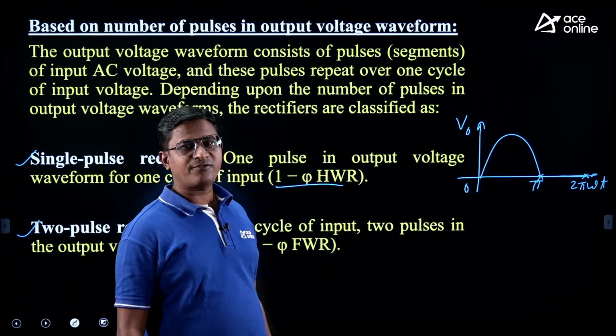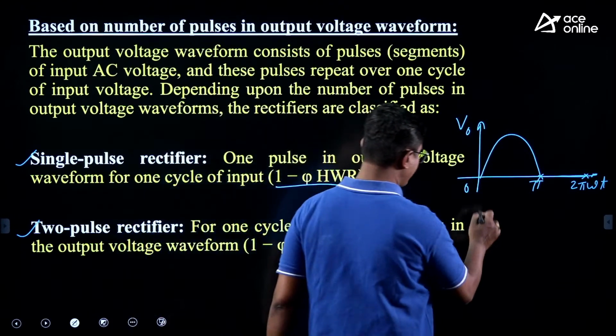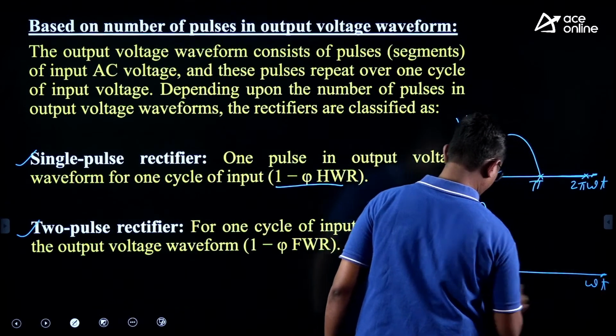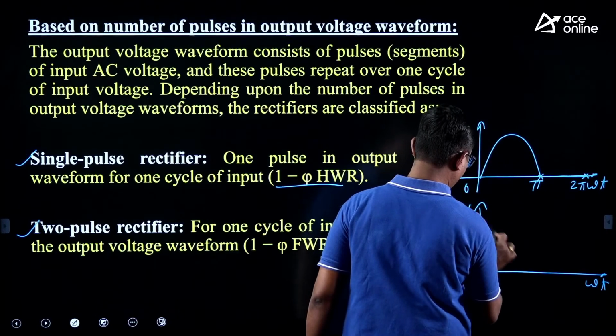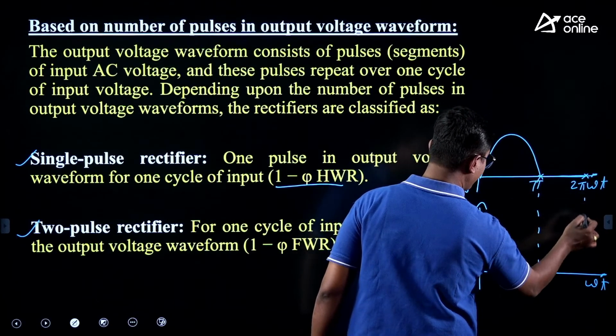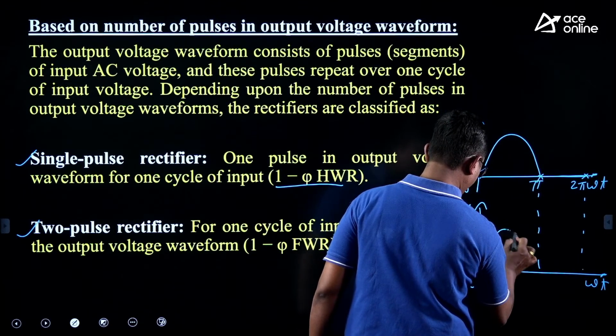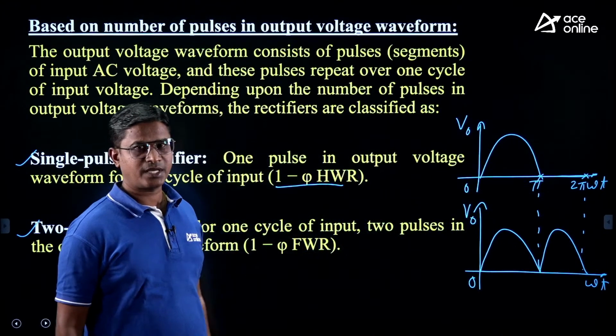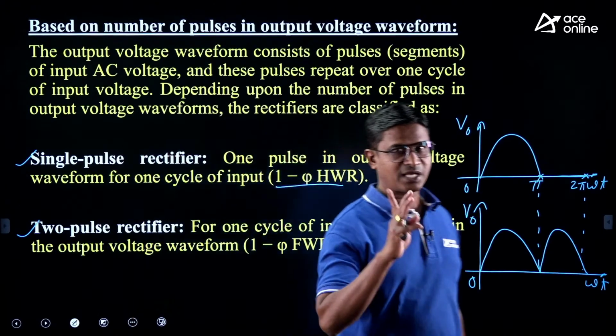Whereas in full wave rectifier, how is my output voltage? In full wave rectifier, output voltage is like this. We are getting 2 pulses for 1 input cycle. So this is a 2 pulse, 2 pulses for one input cycle.